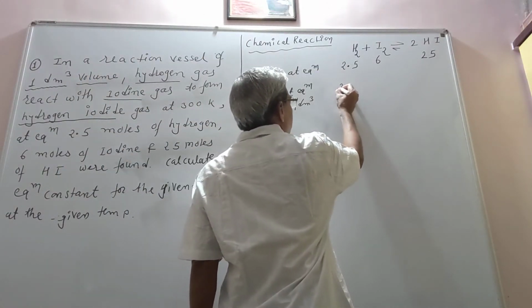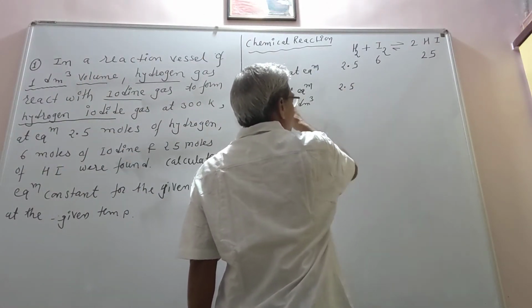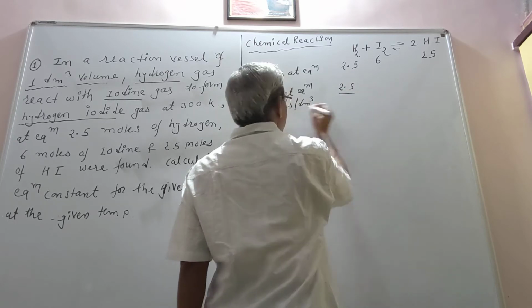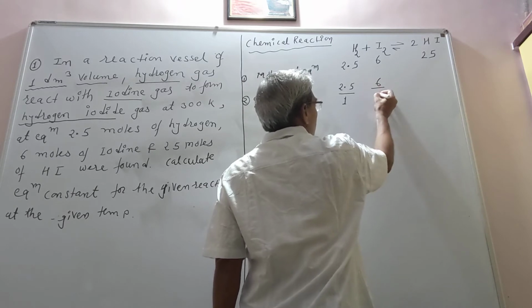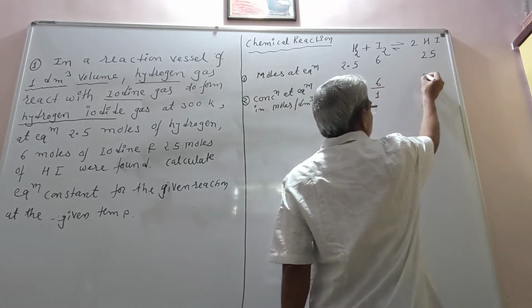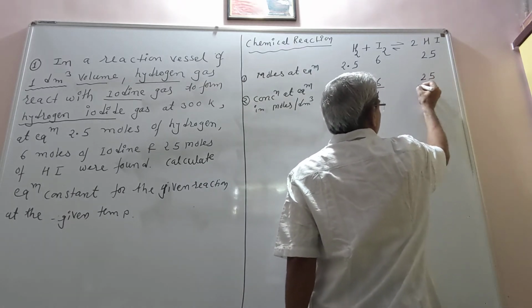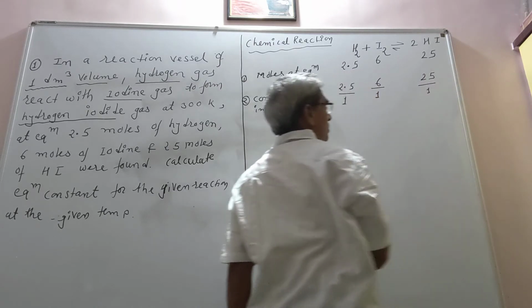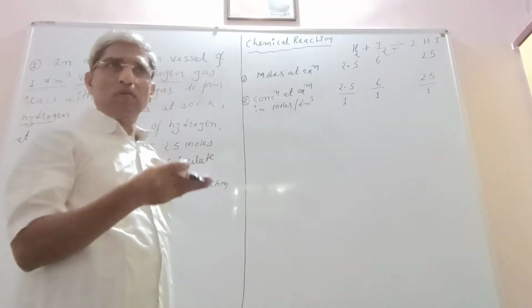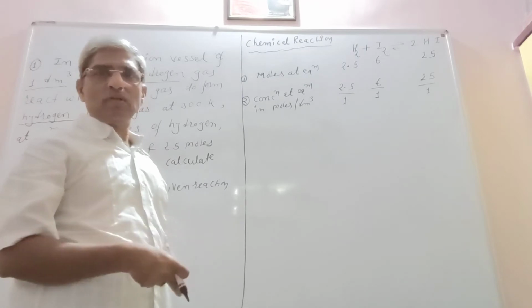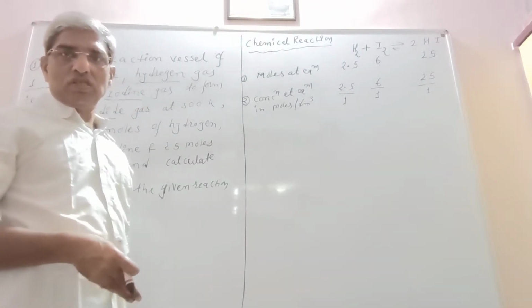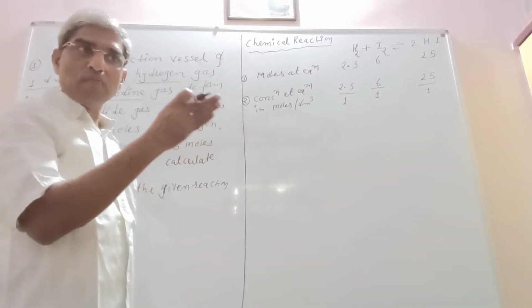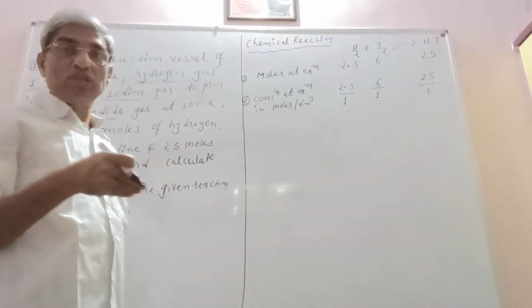Now, moles of H2 are 2.5 at equilibrium and volume is given 1. 6 moles of I2 are given, volume is 1. 25 moles, volume is 1. Means given moles divided by volume is nothing but concentration. Already we explained the meaning of concentration. Concentration is nothing but number of moles per unit volume.